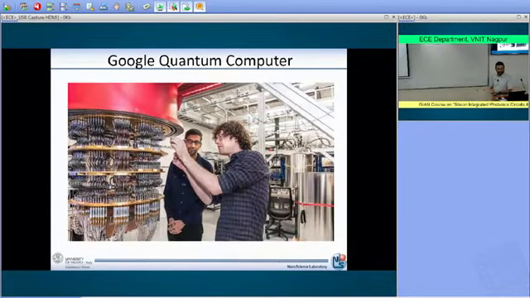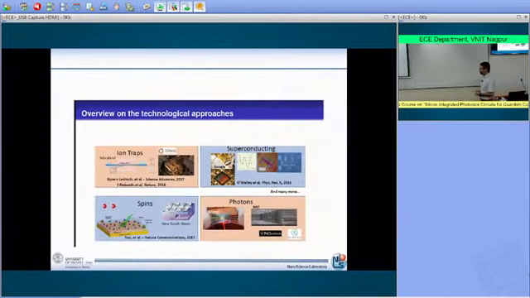Or this is the quantum computer that Google has developed. You can go there and use the quantum computer of Google or IBM. So this afternoon, when you do a simulation and computation using quantum computers, you are probably going to use the IBM quantum computers.